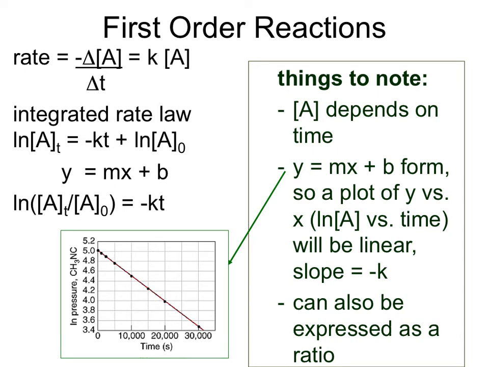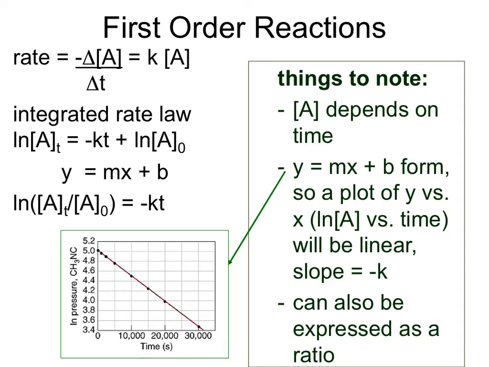Okay, so if we take the natural log of a specific substance versus time, we can plug that in, and we should get a straight line. Our slope is going to be equal to our rate constant, and our slope should be negative with respect to this type of equation.